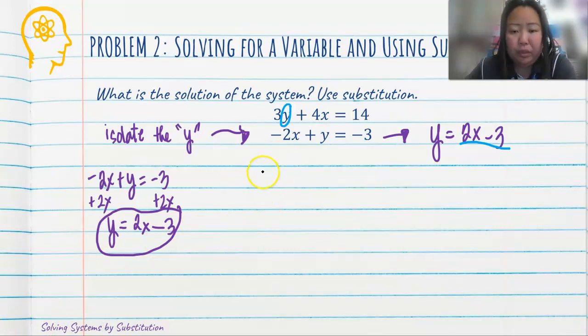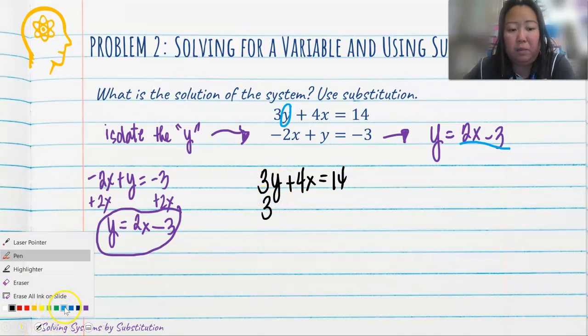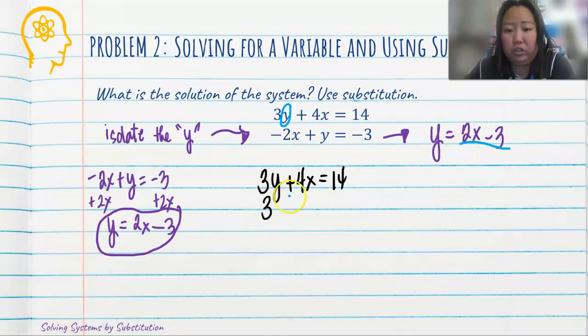Okay, so it was originally 3y plus 4x is equal to 14. Again, this y is now going to change to become the value, which is 2x minus 3. All right, and then we continue with our plus 4x equals 14. So we replace this y. We substituted this y by this expression.